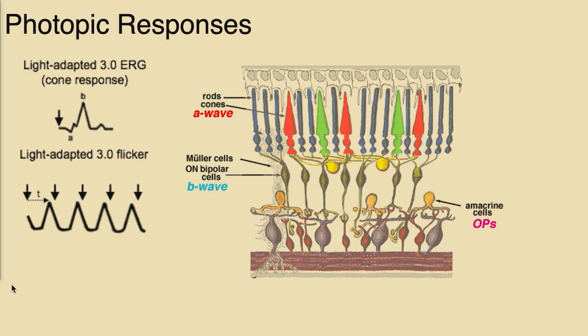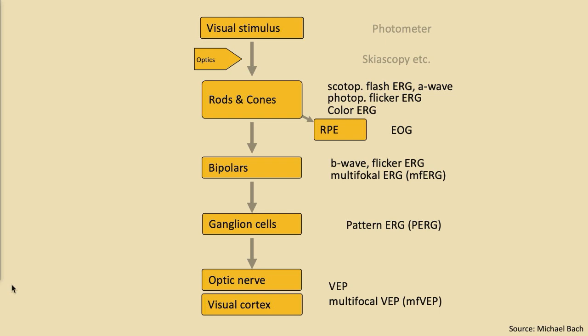And similarly, the photopic responses, where you also have an A wave and a B wave, and the flicker response, which, as we have heard, is an even better indication of the photopic mechanisms. And one really important thing, I think, is that one needs to think of all these electrophysiological tests as something that tracks the chain of processing, the chain of activation through the visual pathways.